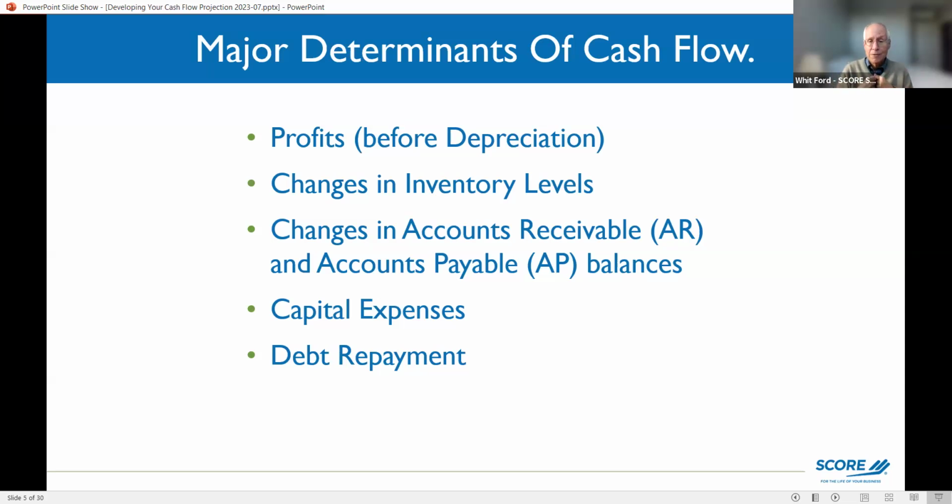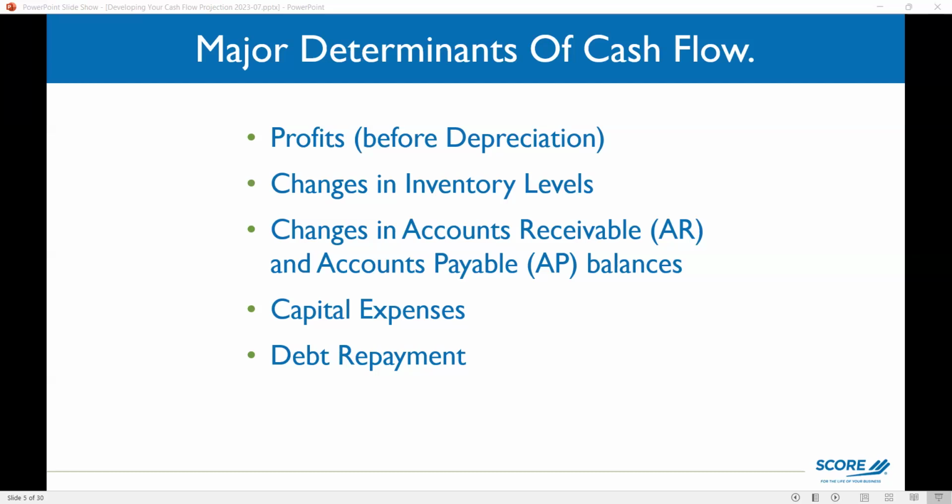When you received a loan, that loan amount was not considered income. And so now when you repay the loan principal amount, that is not considered an expense. Therefore, you need to take your profit before depreciation and subtract all of your principal payments made during the year in order to get at a more accurate estimate of your cash flow. So all of those are important to consider.